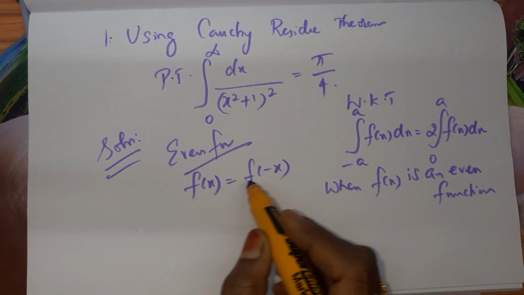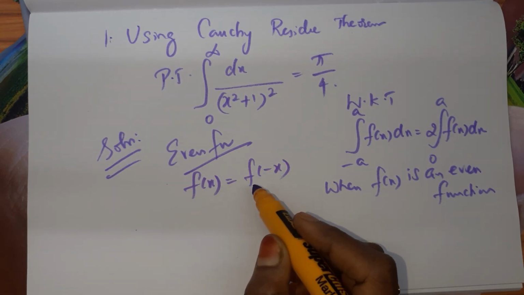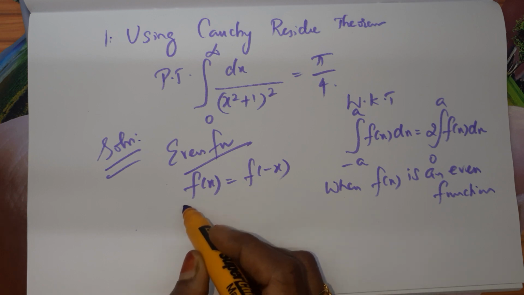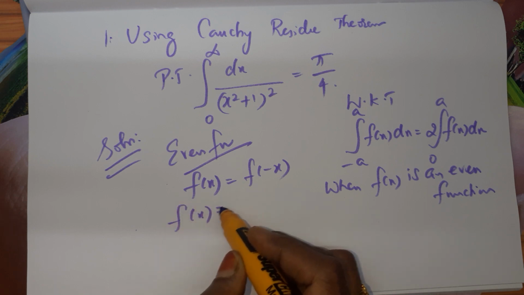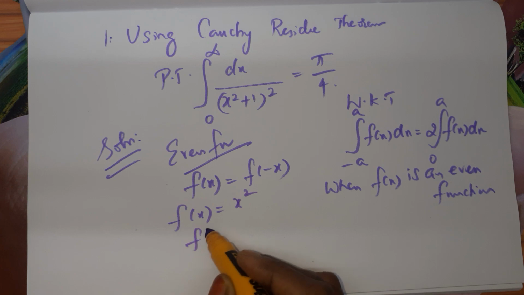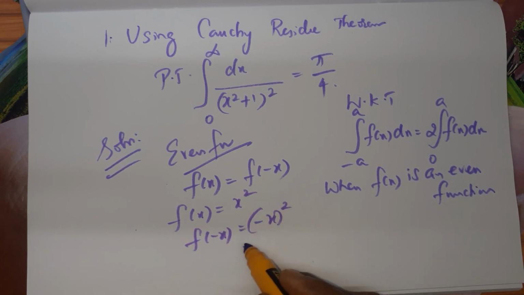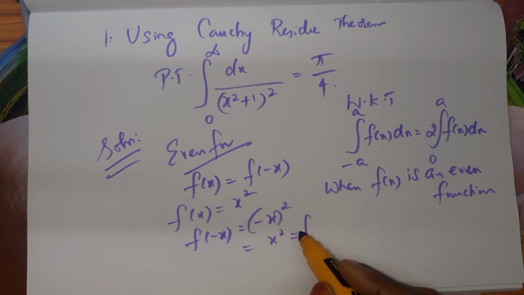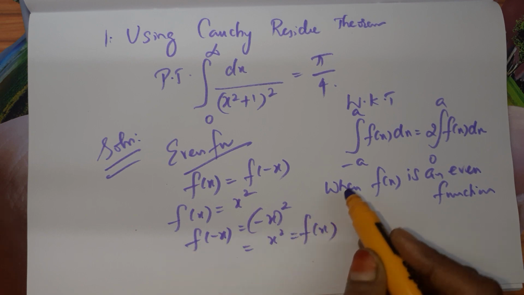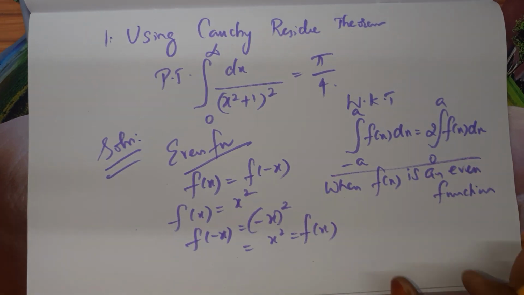When we replace x by minus x, if you are getting the same answer, that function is called an even function. For example, if I take f of x is equal to x squared, f of minus x is equal to minus x the whole square, which is x squared. So same f of x we are getting. Such kind of functions are called even functions. For that function, we have this result.